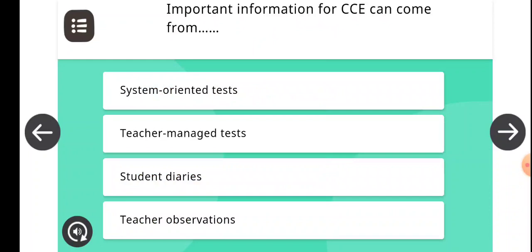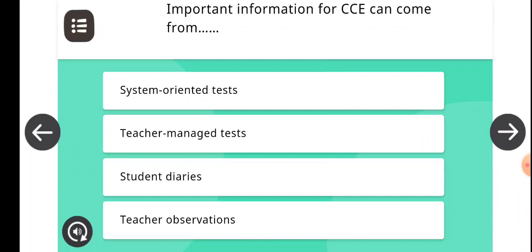Next, important information for CCE can come from. Of course, CCE is a technique developed by the government or the heads of APSCERT. But as a matter of fact, we are the real-time persons to implement it.